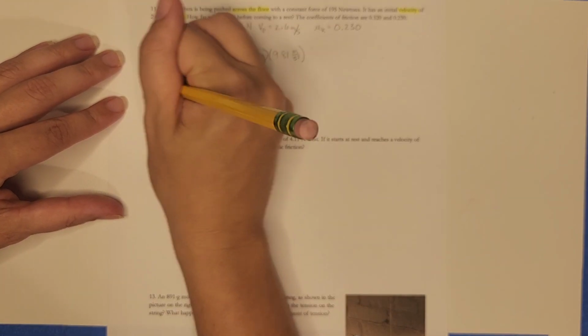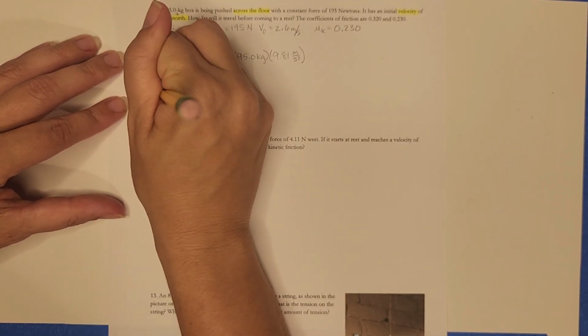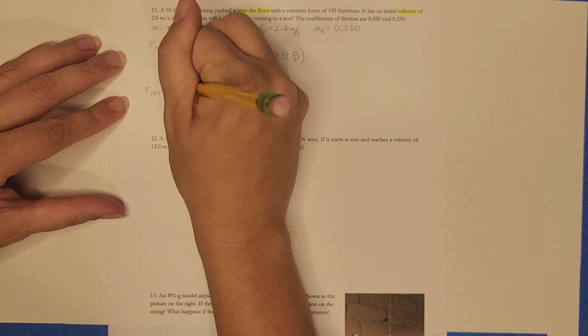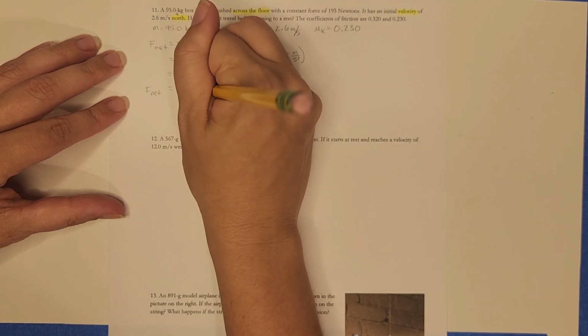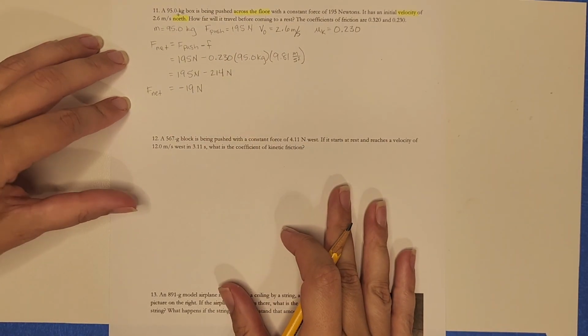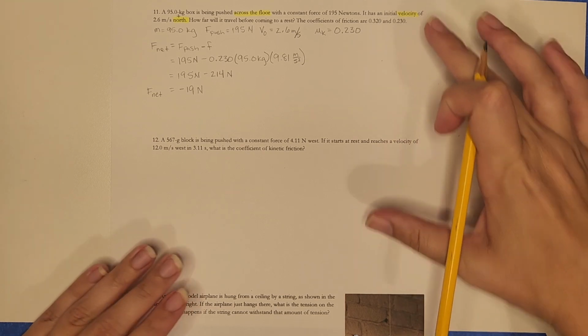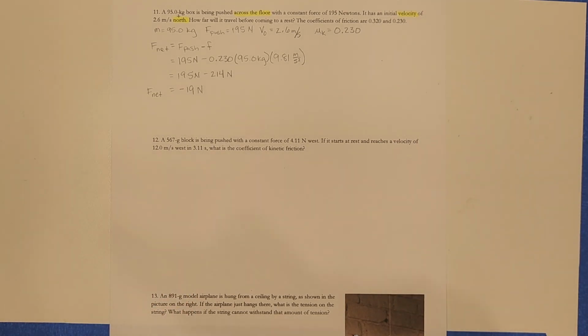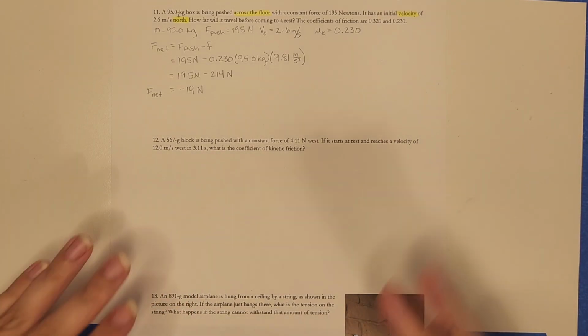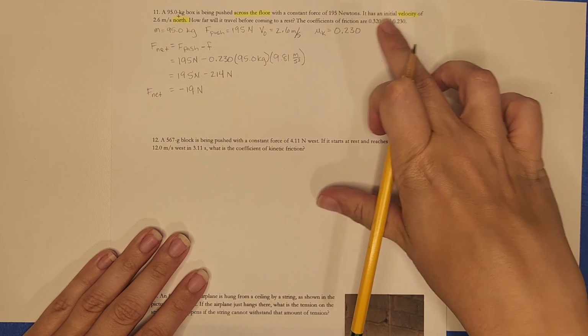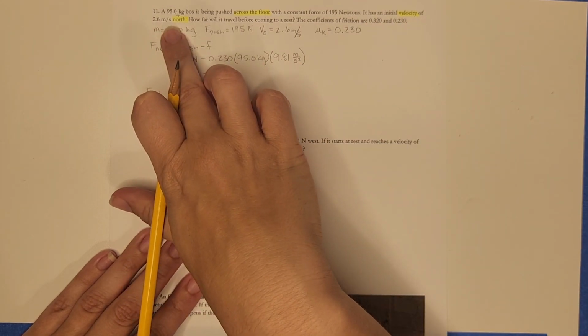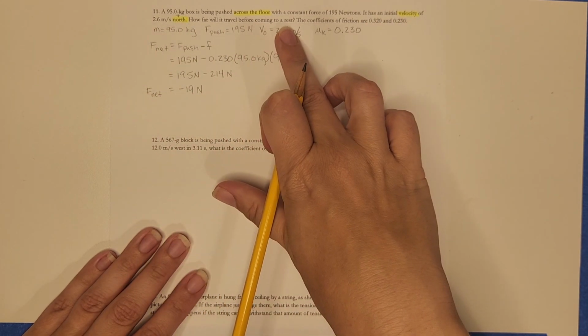And so my net force then is negative 19 newtons. Okay, and that makes sense, right? Always looking like, okay, does the number I got make sense? So that initial velocity is 2.6 meters per second, and then it's coming to rest.